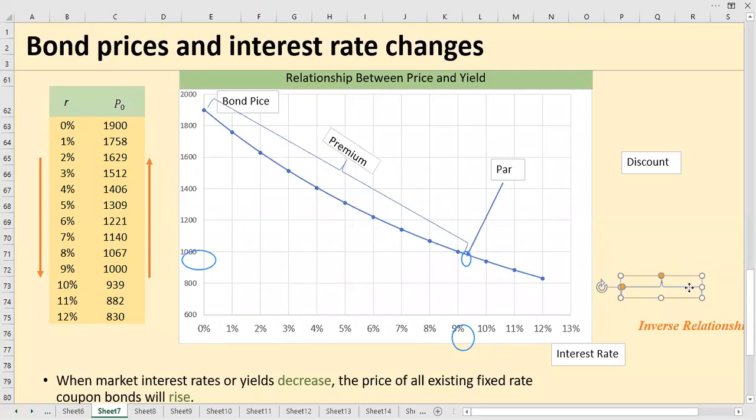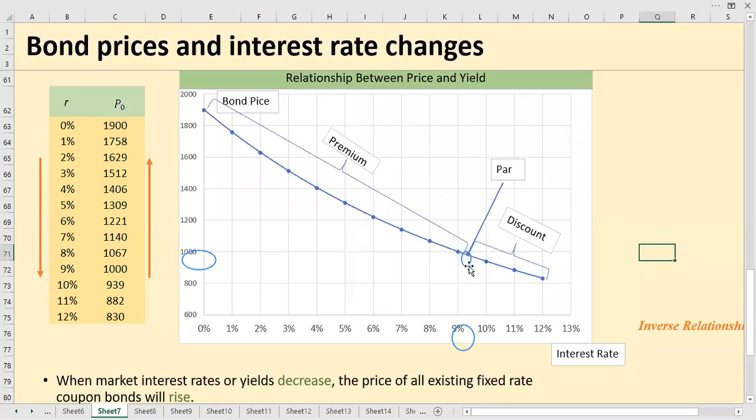Then here, this part, if the bond is trading at a rate less than the par value, we call the bond is trading at a discount. So this part we call discount, like this.